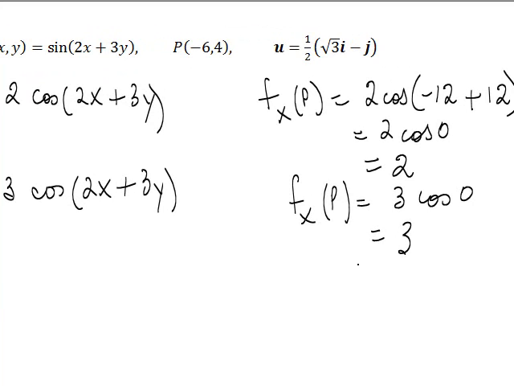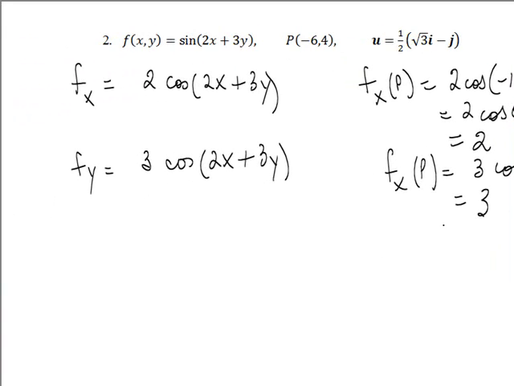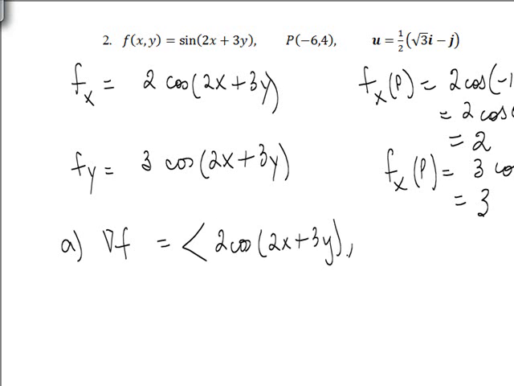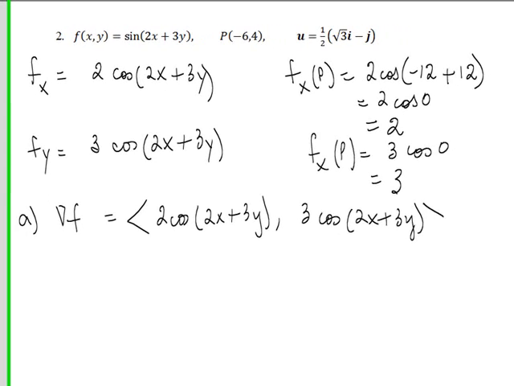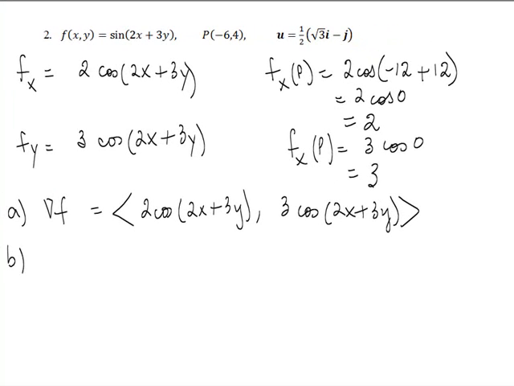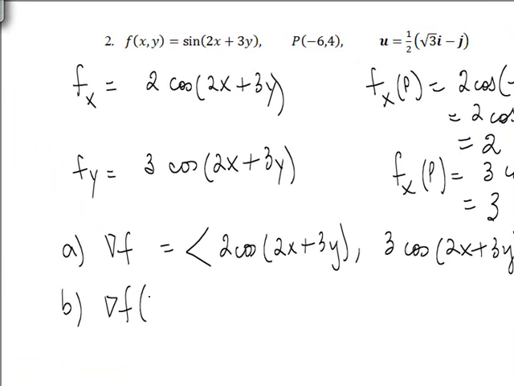Any questions so far? So A, del f is simply 2 cosine 2x plus 3y, 3 cosine 2x plus 3y, and B, del f at P is simply 2, 3.